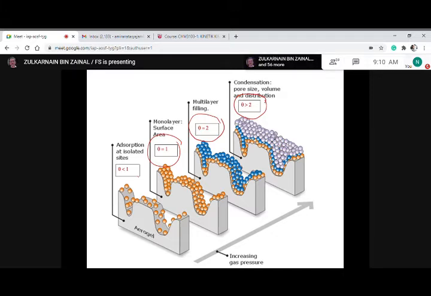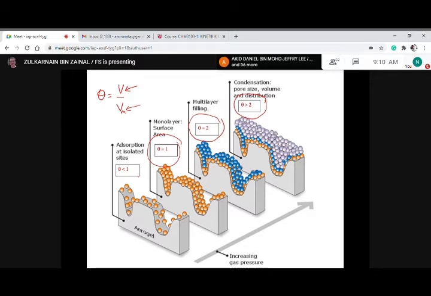Okay. So remember, what is theta? As you have seen earlier, theta is V over Vm, where Vm is the sites that are available, and V is the sites that are covered by the gas, right? And since we are using gas molecules, V is taken as the volume of gas molecules that is covered on the surface.